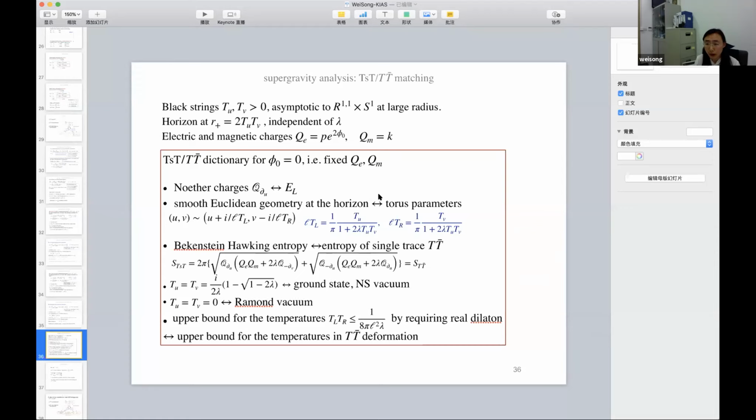In this gravity calculation, you calculate these gravitational charges. And then after you do that, one can just rewrite the black hole entropy in terms of all the charges from the gravity calculation.